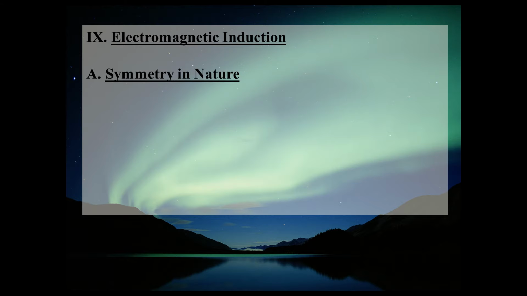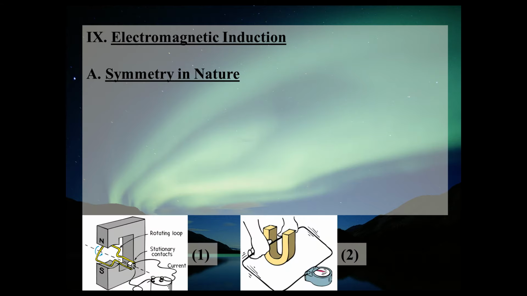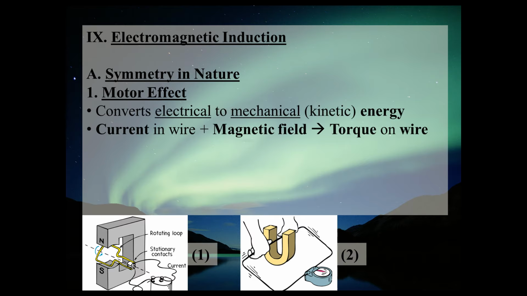Okay, let's start off by quickly reviewing an electric motor and the motor effect. In the motor effect, we had current that was being supplied by a battery, and that current passed through an armature.